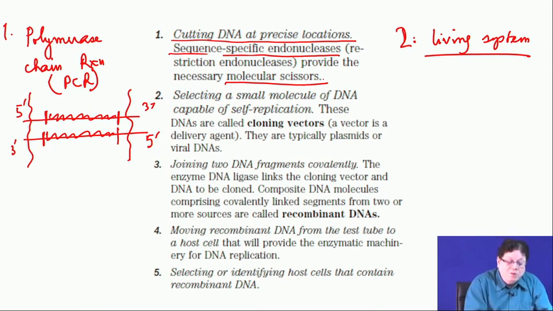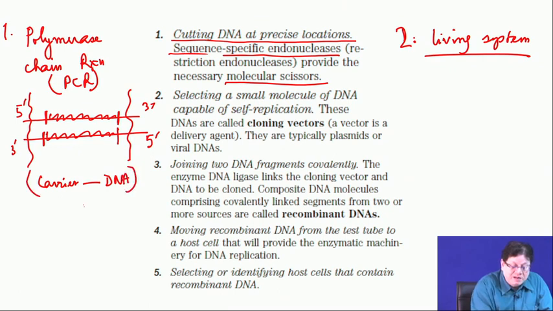Okay. Now, what you do after you chop this off, what you need is what is called a vector, means you have to have something which carries this gene or carries this DNA, and then ultimately that carrier plus this DNA of interest can be copied.